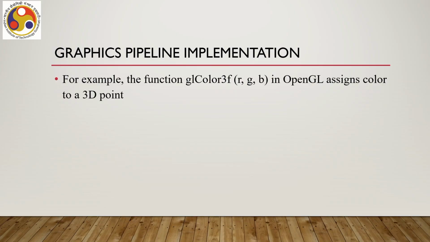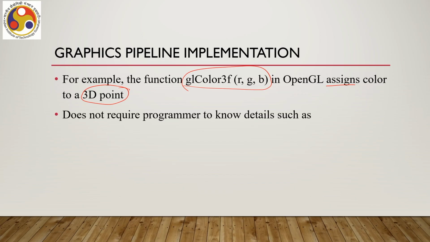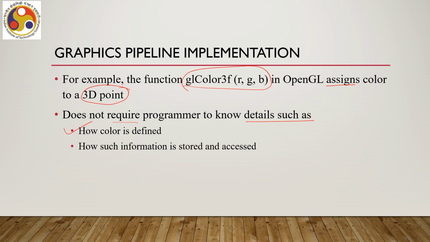For example, let us consider this OpenGL function glColor3f(R, G, B). This function is used to assign colors to a 3D point. Here the programmer does not require to know the details such as how color is defined in the system, how many bits are there, and what the minimum and maximum values are.